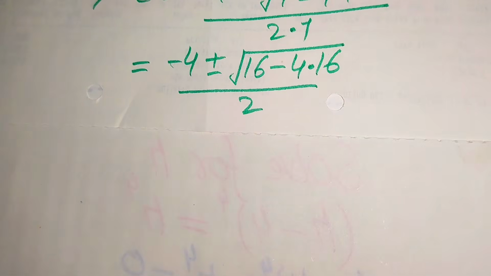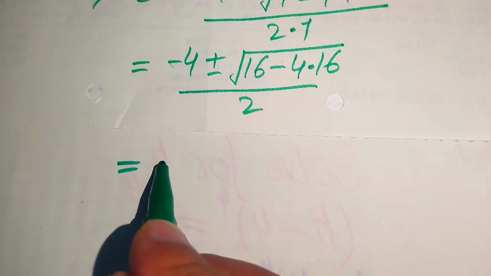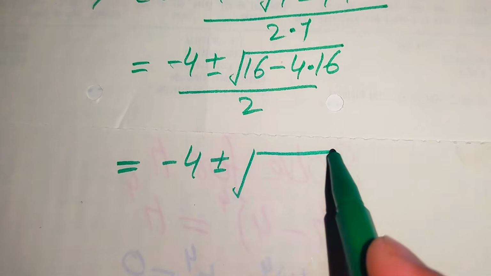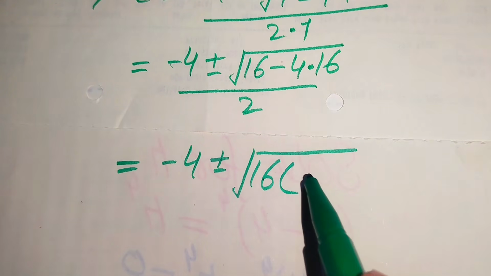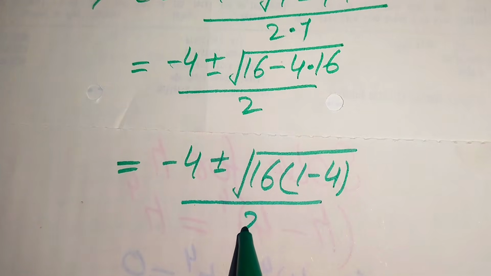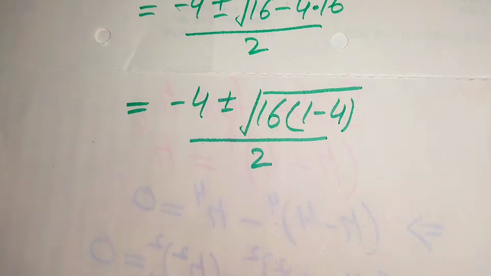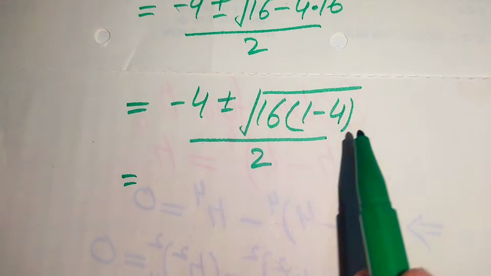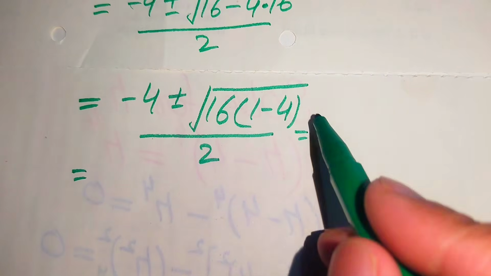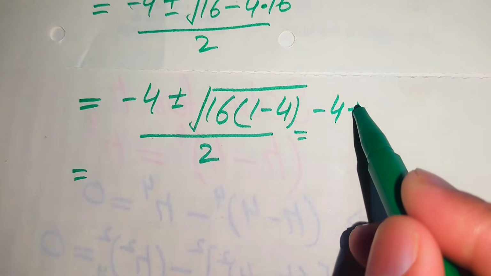And now further in the next step we need to take 16 common inside the square root sign, and we get 16 times 1 minus 4, and it is divided by 2. So you see that when we apply this square root sign separately on both of these two values, we get here minus 4 plus minus.